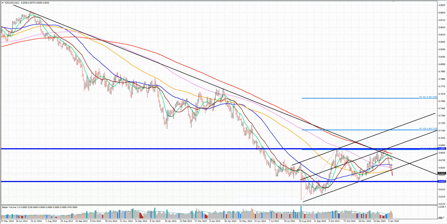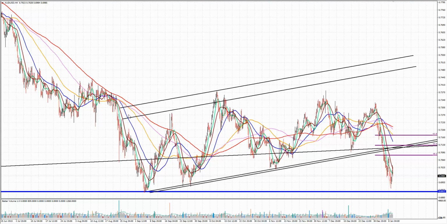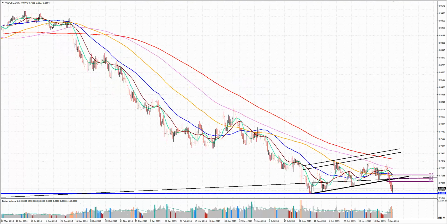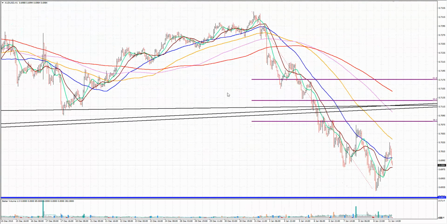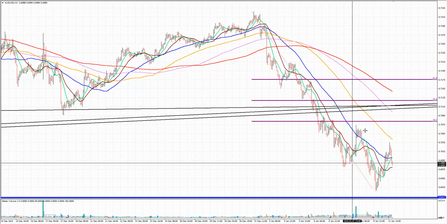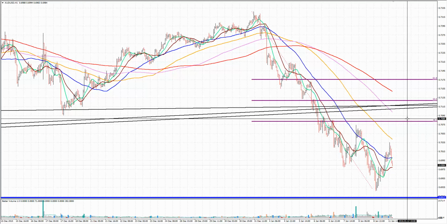The same thing with the Australian dollar. The Australian dollar actually broke the distribution, broke the channel. You can call that a bearish flag, or you can call it a distribution, or I would call it a distribution. So far we can see that price is going well downward without big corrections.